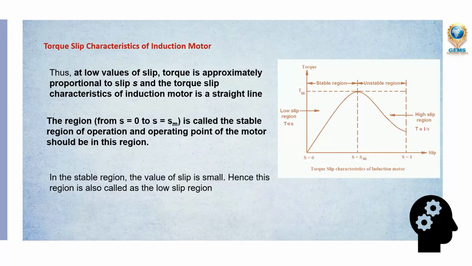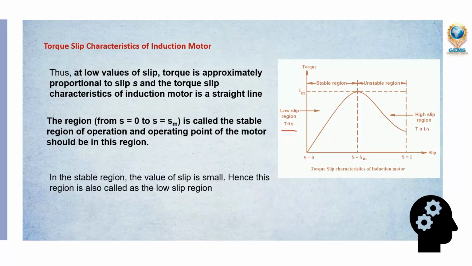Here this is the low slip region, what we discussed. At that time initially the slip is 0 and then it will reach the slip at maximum torque. Up to that point this is the stable region, the motor will be stable. The curve will be like a straight line, which means the torque is proportional to slip.